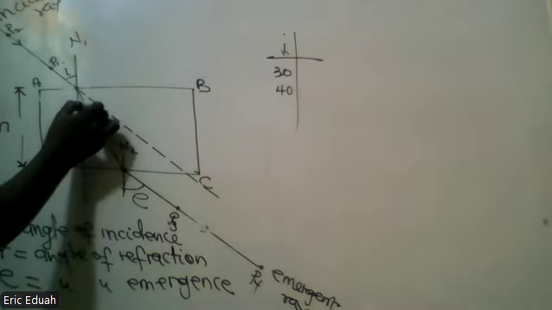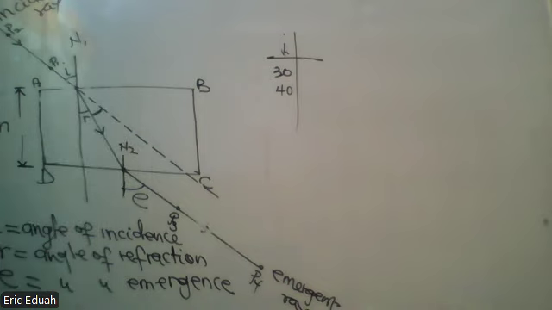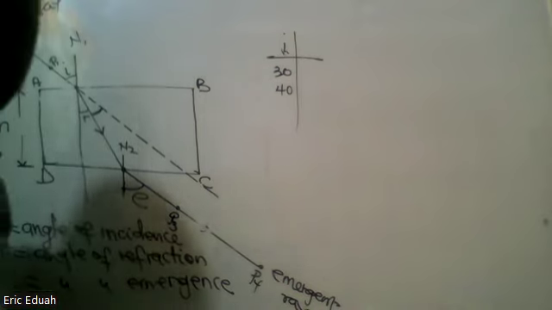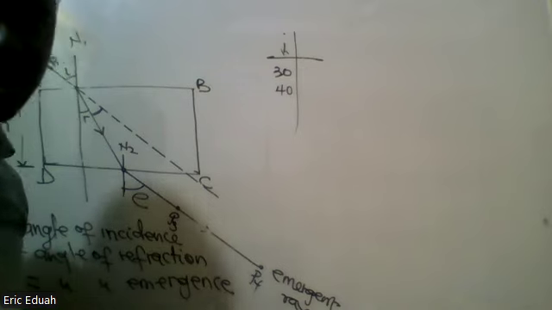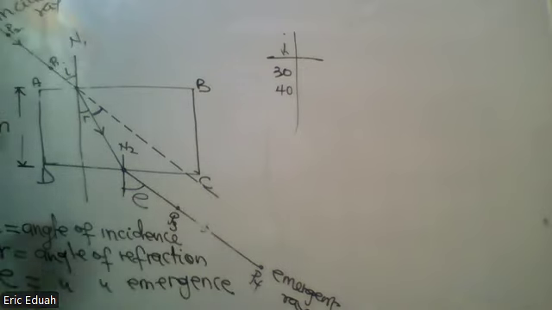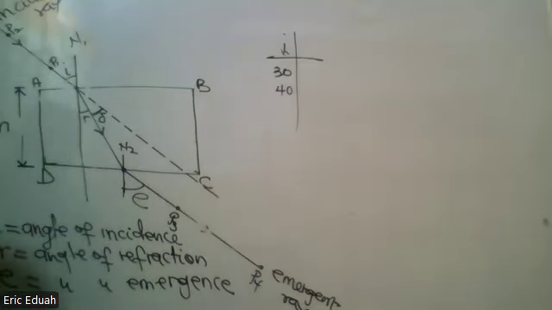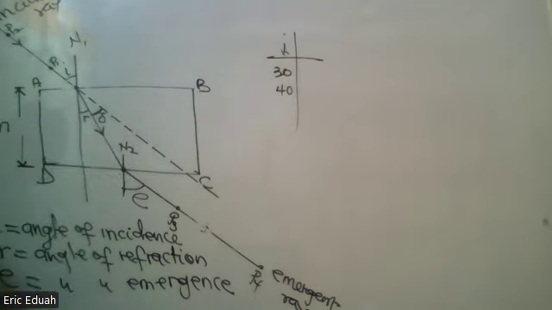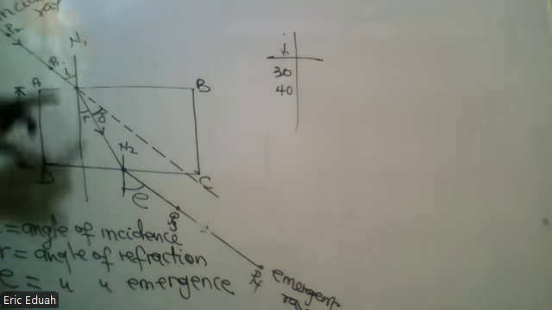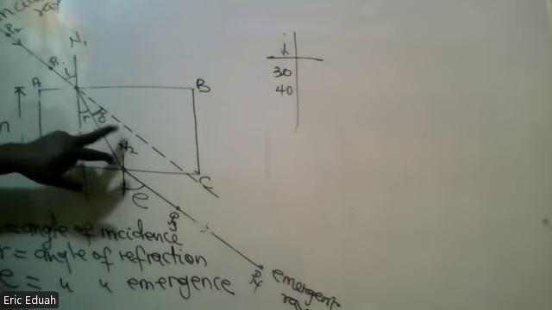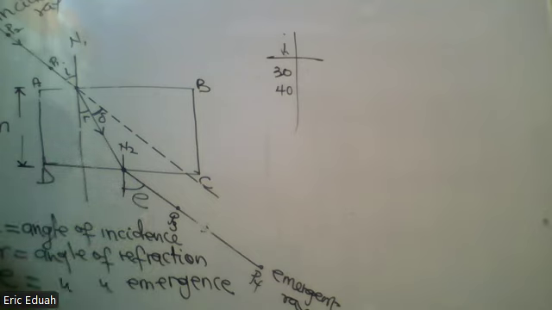Class, what name do we give to this angle? Angle of deviation. So this is sigma. So practically, you'll be doing it for all angles because you have to measure I, deviation, and E.